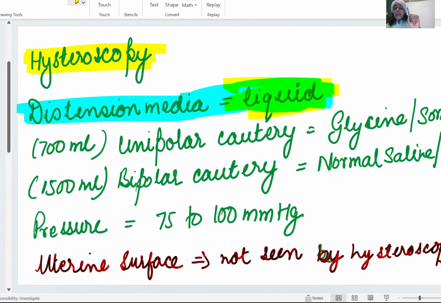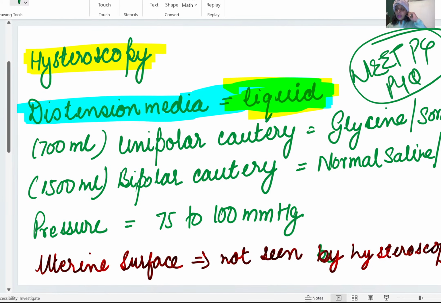Okay. And this is a NEET PG PYQ. It is expected in your exam also; the examiners are the same. If we are using unipolar cautery, then the media which can be used is glycine.